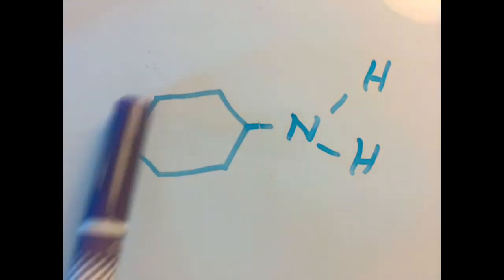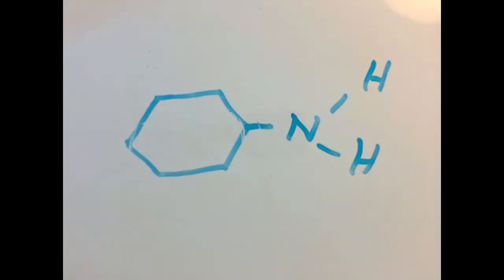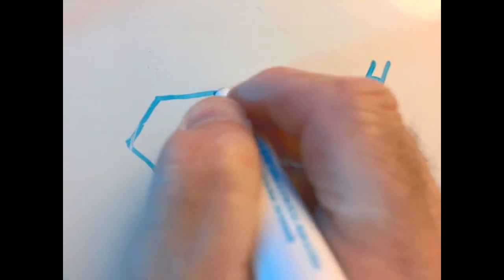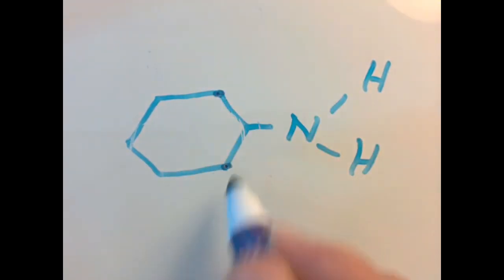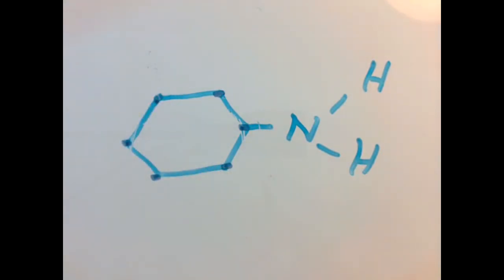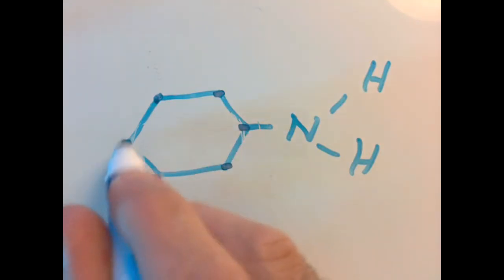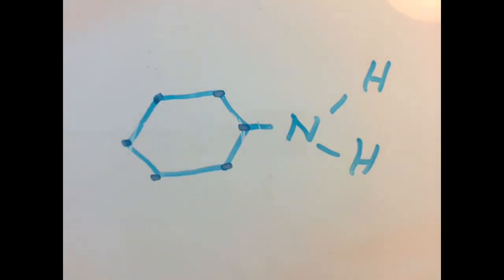Every time you see one of these geometric shapes, every corner, right there, for example, or right there, right there, right there, every corner or every angle, if you prefer to say it that way, represents a carbon atom. So I didn't write the letter C 1, 2, 3, 4, 5, 6 times. It saved me all that trouble and all that messiness on the paper here.